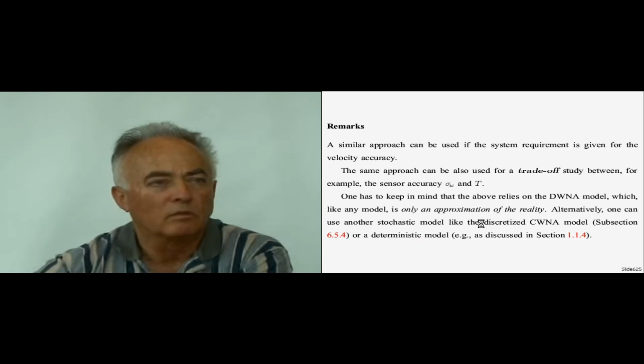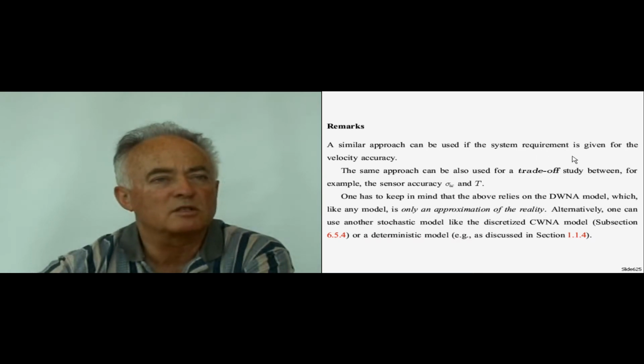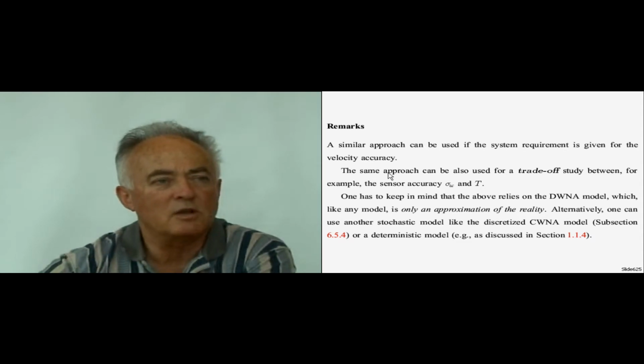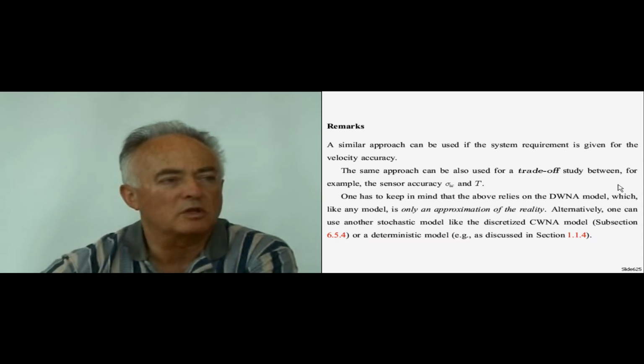You can carry out similar operations if the requirement is expressed in terms of a velocity accuracy. And really what this leads to is you can do a trade-off study between the sensor accuracy, sigma w, the measurement standard deviation, and the revisit interval.